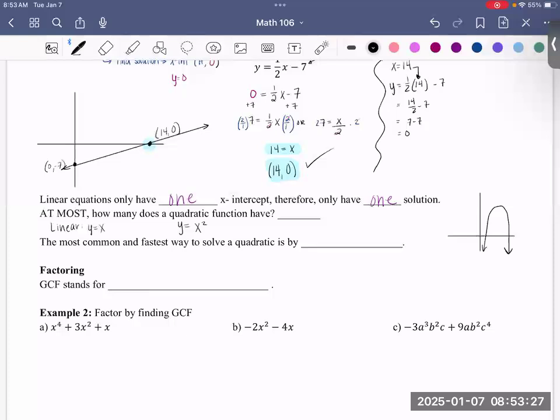Well, I have two solutions, 1, 2. So at most, we just saw a case where we had 1, we had none, and we have 2. So at most, we can have is 2 solutions. We'll talk about multiplicities and how to graph them in the future, but at most, for a quadratic function, we're going to have 2.